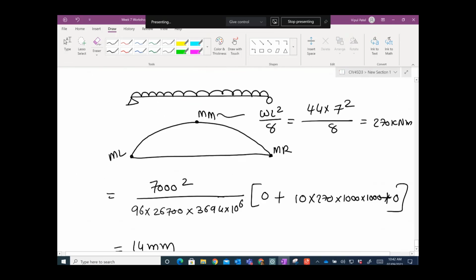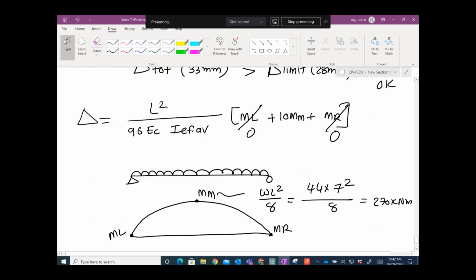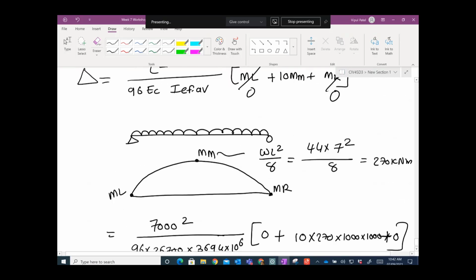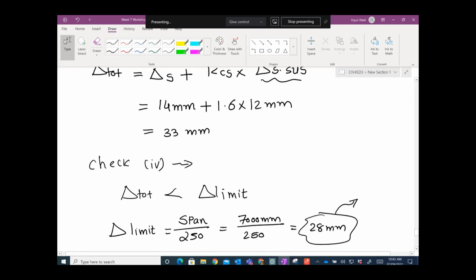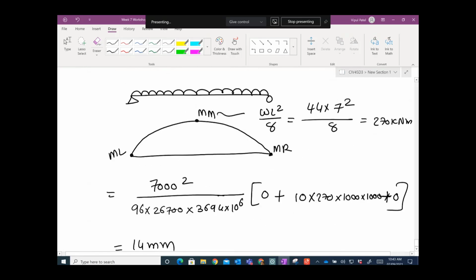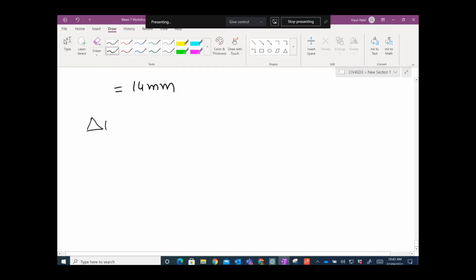If in the exams you come across these kinds of equations, don't hesitate to use them, or you can use the other one as well. Now if you want to calculate due to the sustained loading, you remember for the short term loading we calculated this delta s. Basically I'm just showing you again: delta total equals delta s plus KCS times delta sustain.